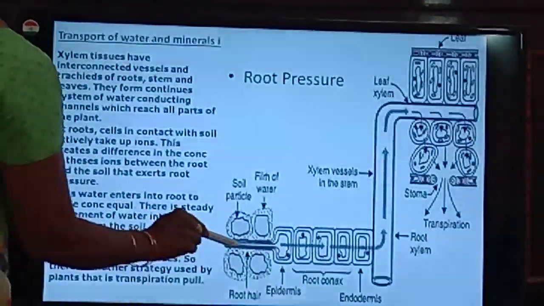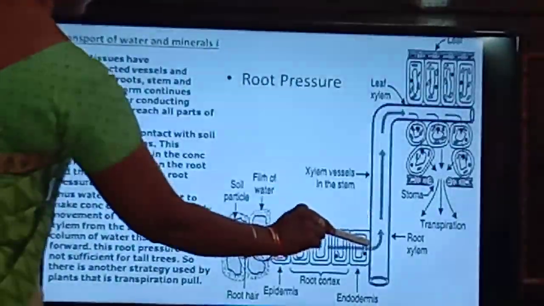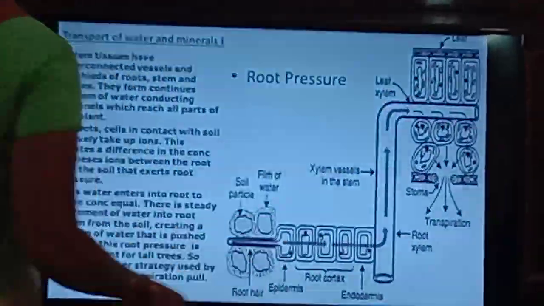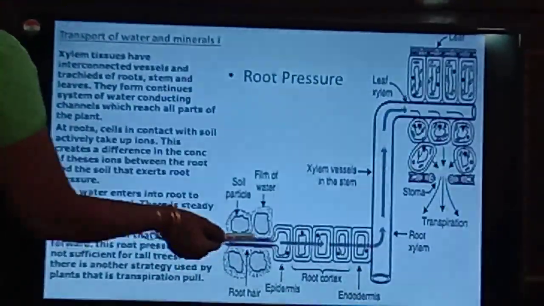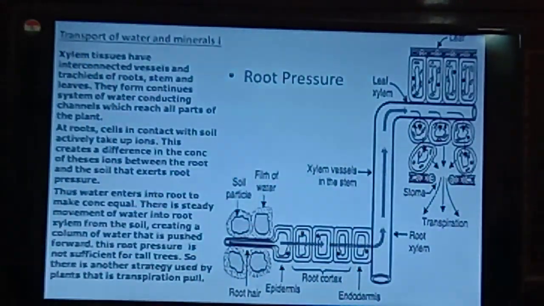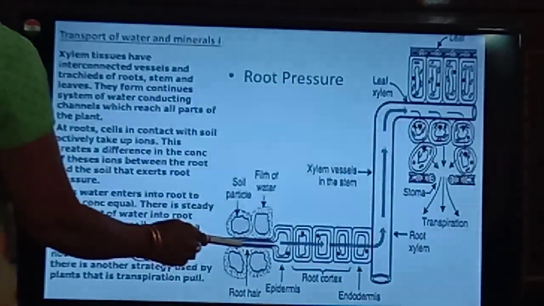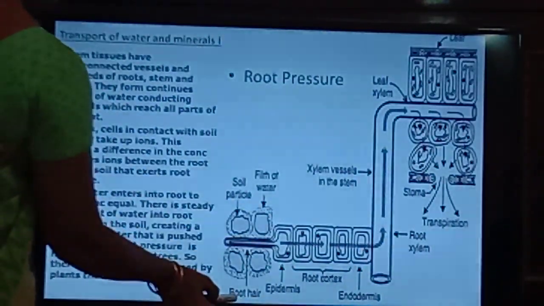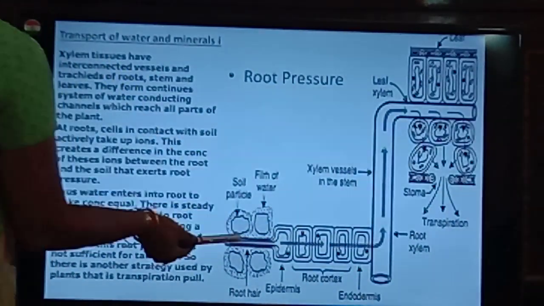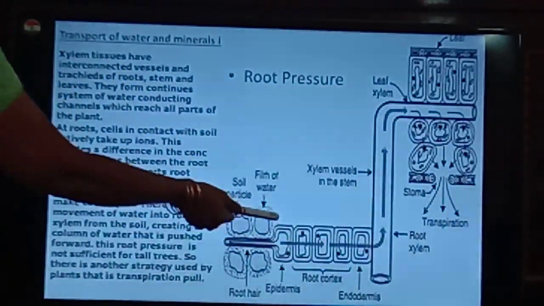There is steady movement of water into the root xylem from the soil, creating a column of water. This column pushes the water forward.